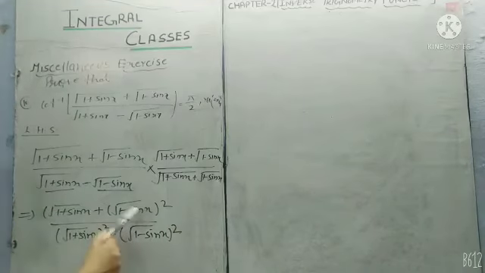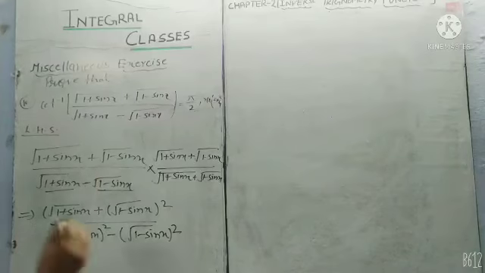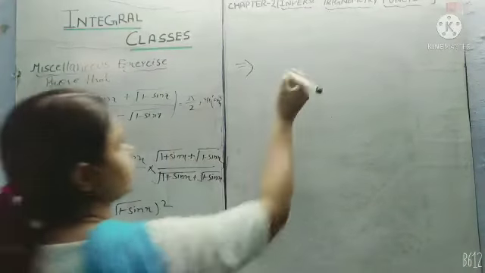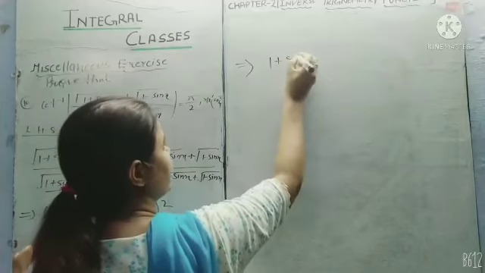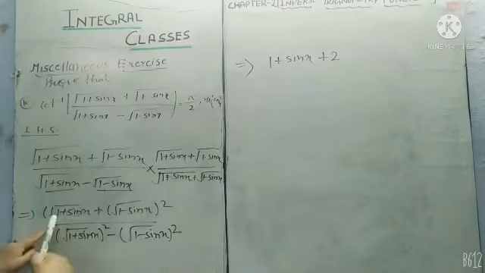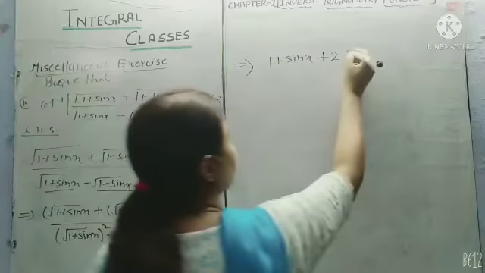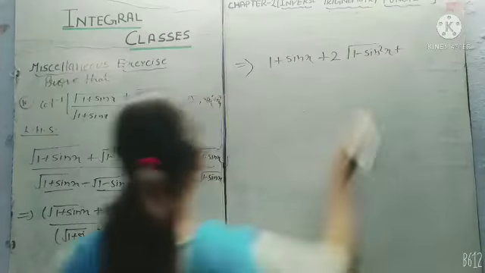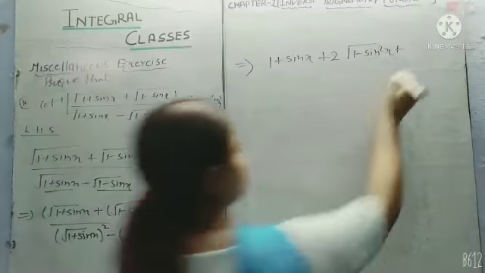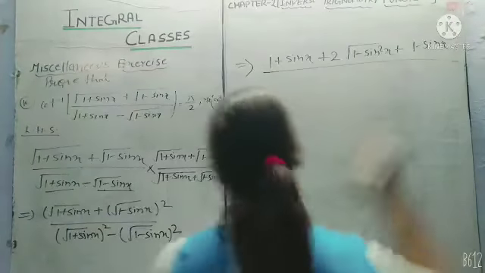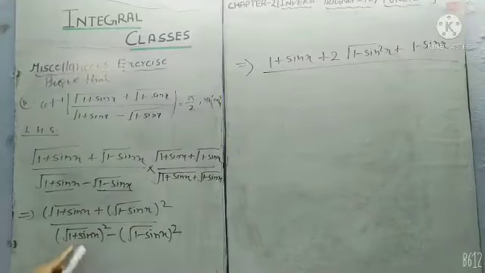Now we will open (a plus b) whole square, which is a square plus 2ab plus b square. Then we will get, look here, a is root 1 plus sin x, whole square, plus 2ab, it means multiplying, root 1 minus sin square x, plus b square, 1 minus sin x, upon, we will write what?